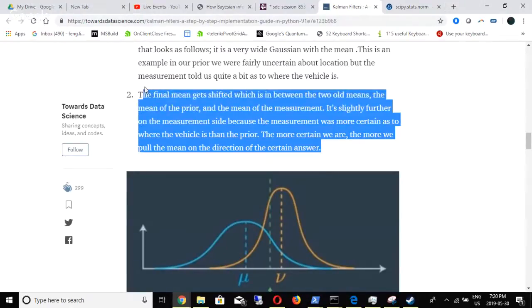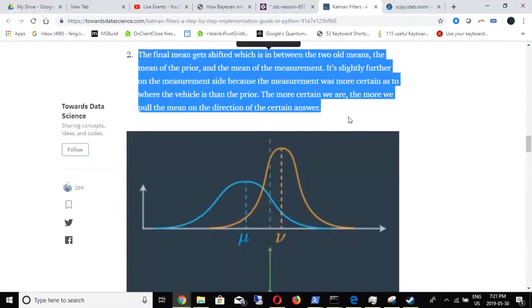And then when you do an update, the mean gets shifted more towards the measurement because the measurement is more certain.